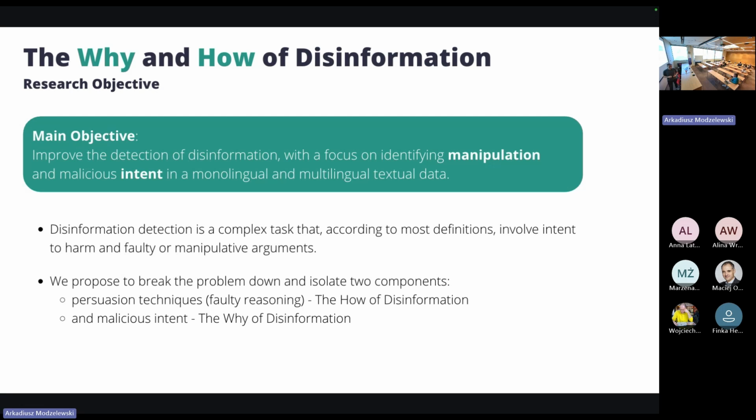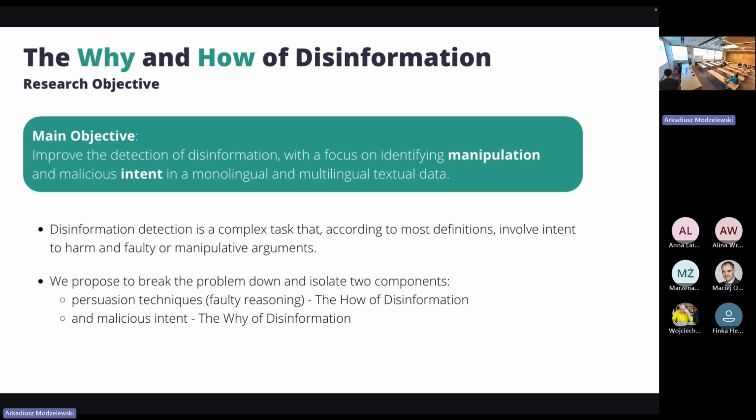So my main objective for my PhD project was to improve the detection of disinformation with a focus on identifying manipulation and malicious intent in monolingual and multilingual textual data.